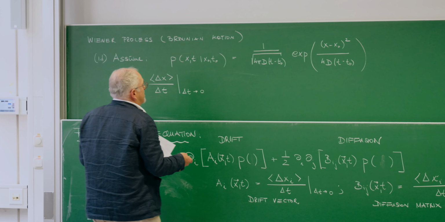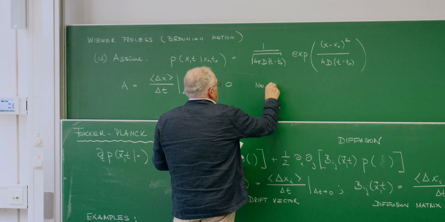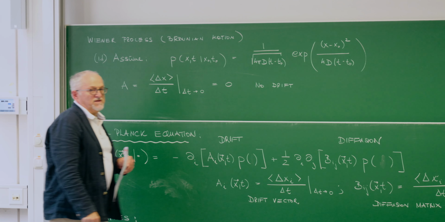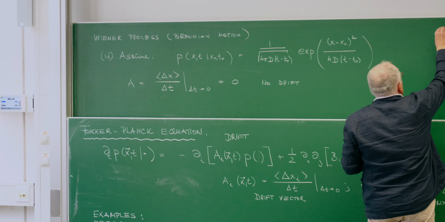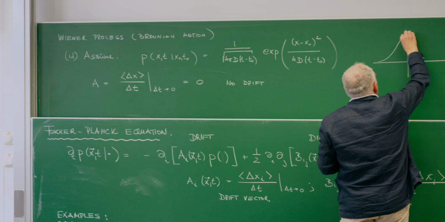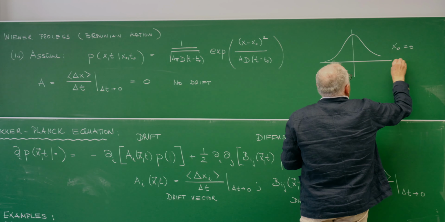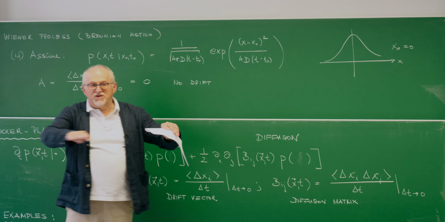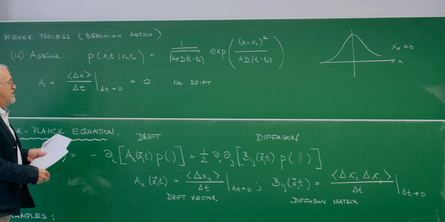So this is actually 0. There's no drift of our system. Okay. We can draw the Gaussian, and it's going to look something like that. For x naught equal to 0, if this is x, the Gaussian just spreads out over time because the variance grows in time.